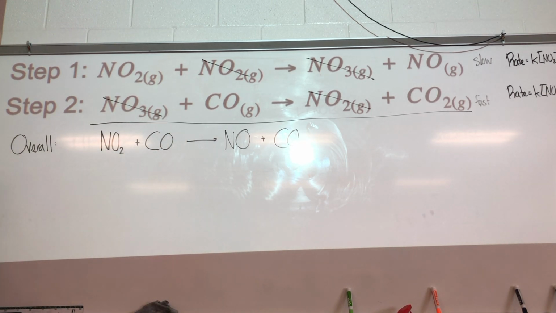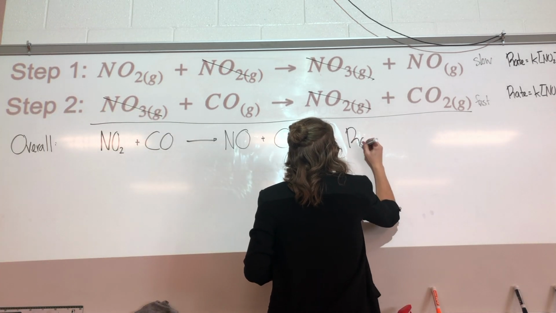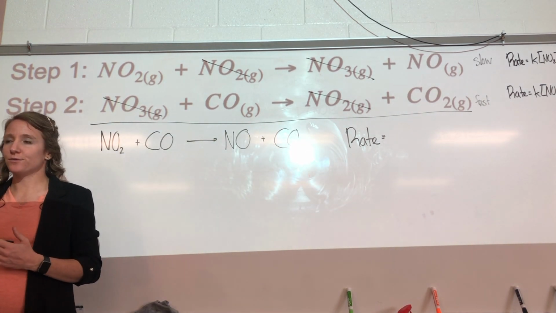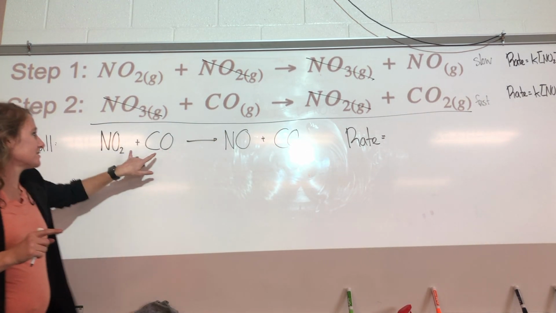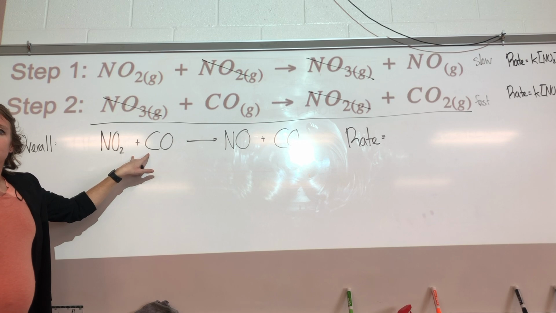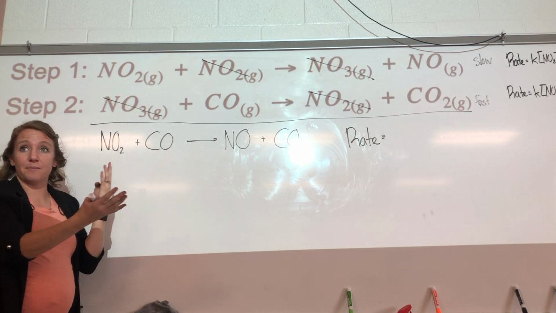Now, we want to write the rate of the overall reaction. Let's note what we can't do. You don't just look at the stoichiometry. Why not anymore? Because this is not an elementary step. It's the overall.